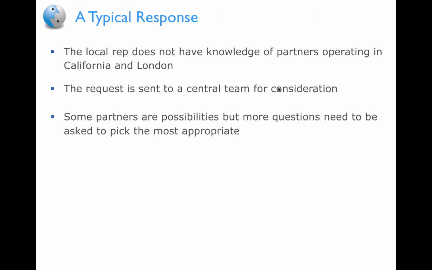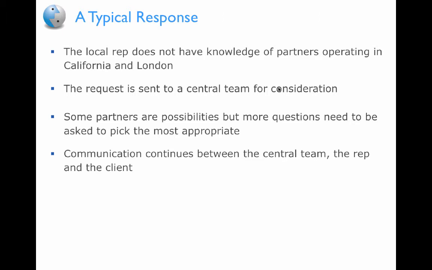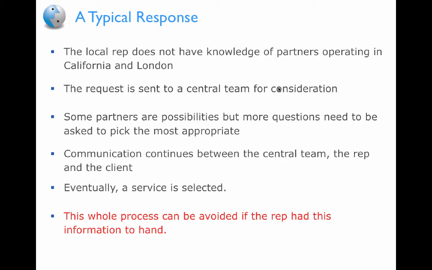They realise that some partners have possibilities, but more questions need to be asked to pick the most appropriate service. This communication continues between the central team, the rep, and the client, and then eventually a service is selected. But that whole process could be avoided if we had the information to hand and it was delivered through a decision engine such as Cloud Conveyor.